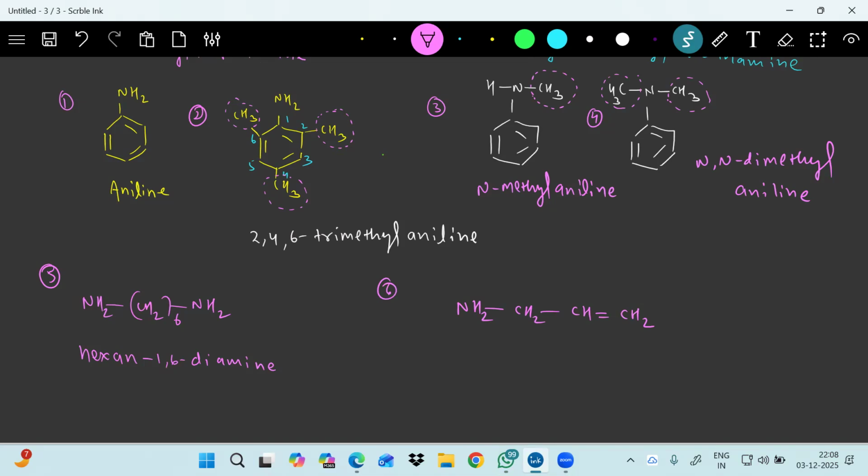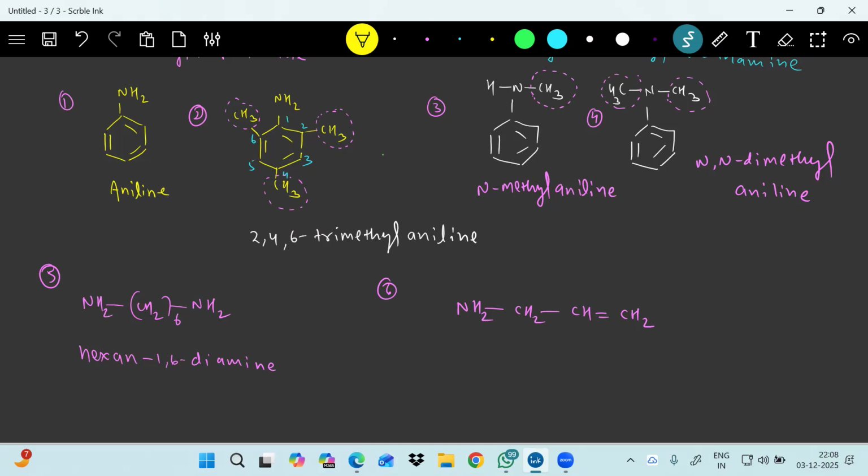What is the name of this compound? Sir, it will be a 3 carbon chain, so propane. No, propene it will be. Propenamine. Propene 3-amine.